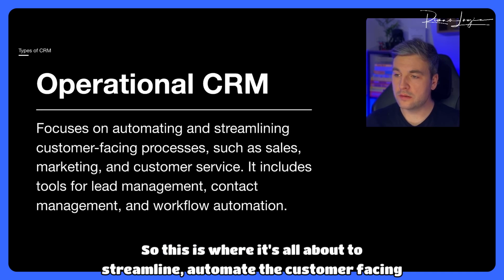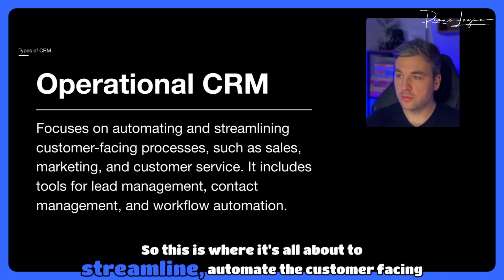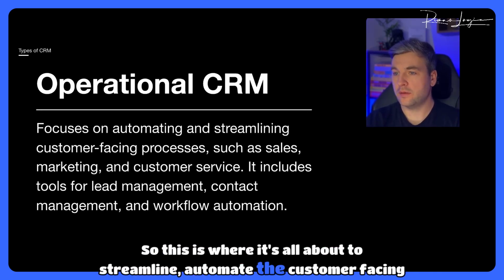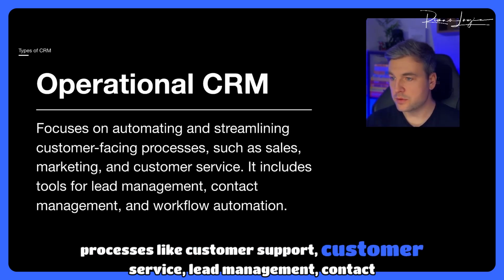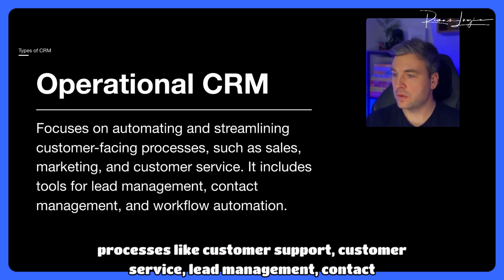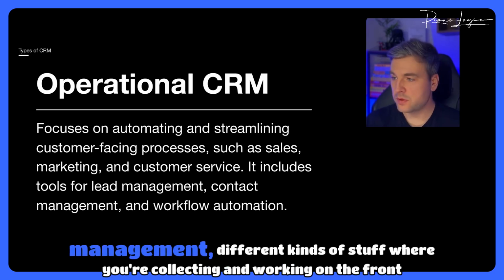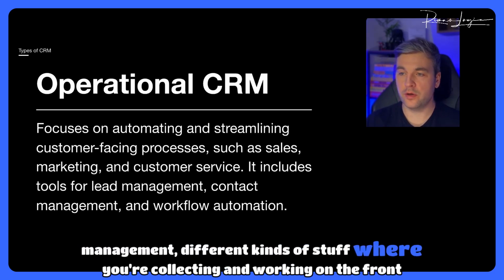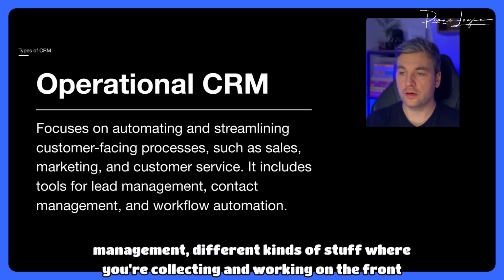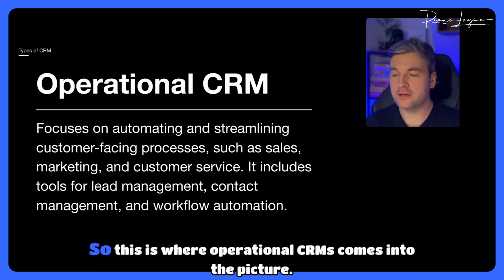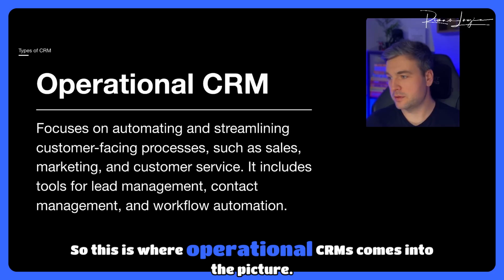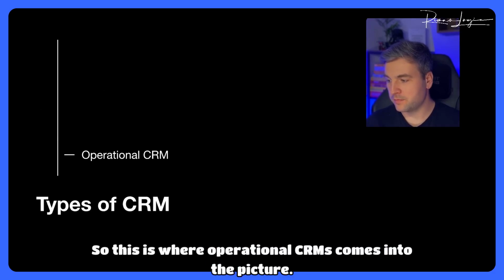This is where it's all about streamlining and automating the customer facing processes, like customer support, customer service, lead management, contact management, different kinds of stuff where you are collecting and working on the front side of the customer. So this is where operational CRMs come into the picture.